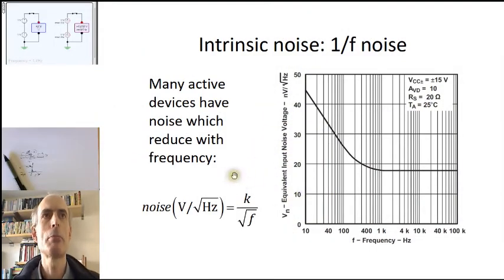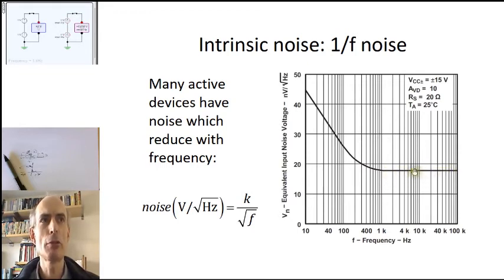The final type of intrinsic noise to talk about is 1/f noise, and it occurs in op-amps and other active components. Here we can see an excerpt from the datasheet of a TL071 showing the plot of the input noise voltage in nanovolts per root hertz against frequency. We can see that above 1 kHz, the power spectral density of the noise, the amount of energy in the noise at any frequency band, is pretty much constant.